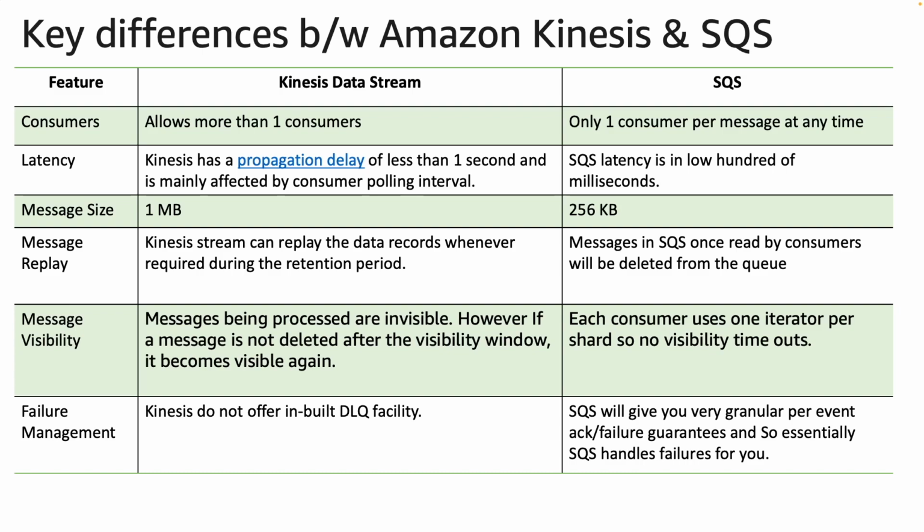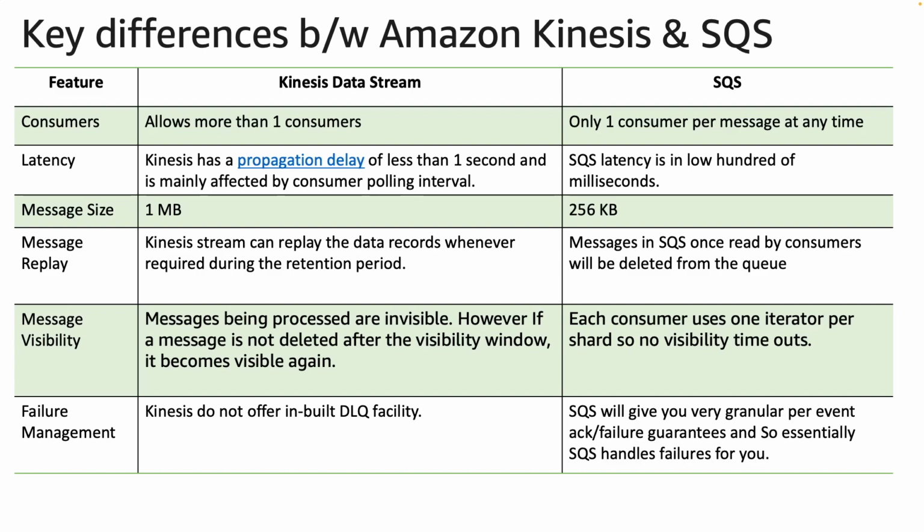Second, message visibility. In Kinesis, the message is available for the duration of the data retention, so there is no invisibility concept in Kinesis data stream. In SQS, however, you can configure a visibility timeout, which allows only one consumer to consume that message for that visibility timeout period.